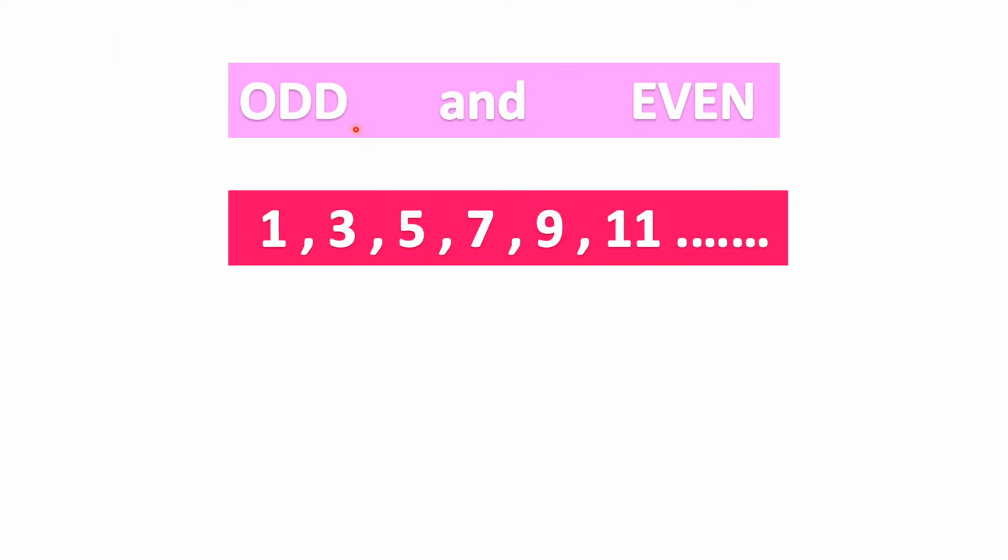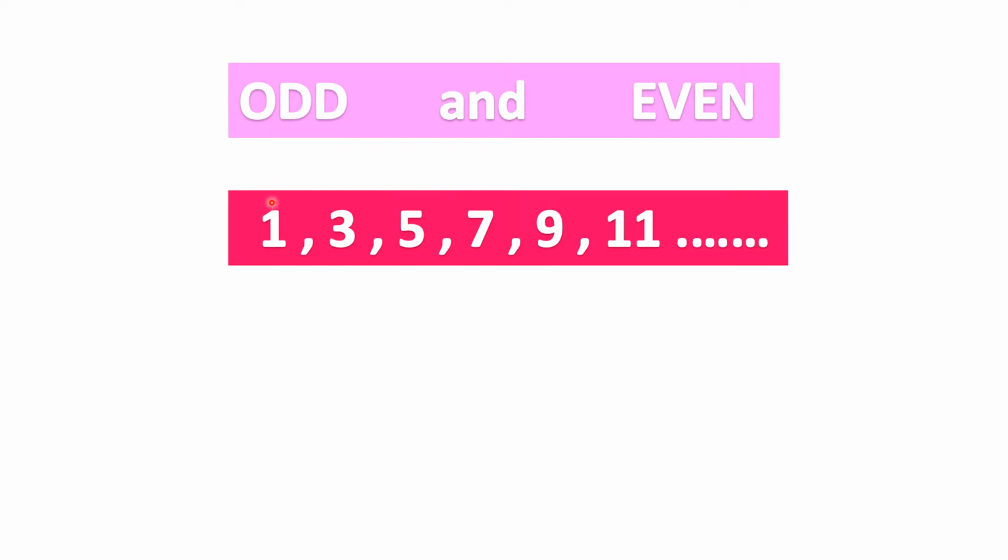Now let us look at some more basics of multiplication of integers. Before going into that, you need to know what are odd numbers and even numbers. Now, you must already know from your lower classes, but let's refresh your memory.